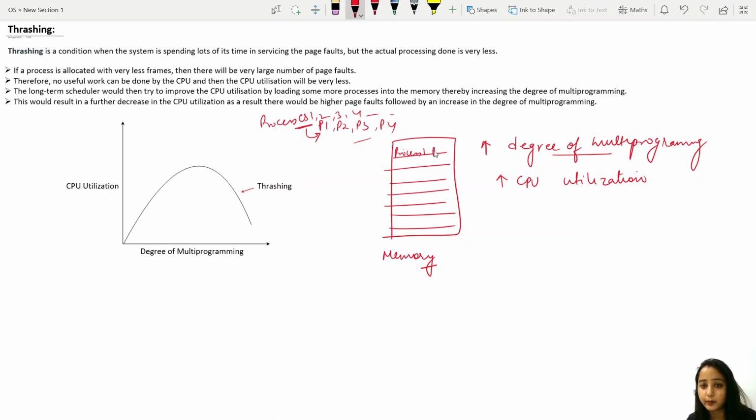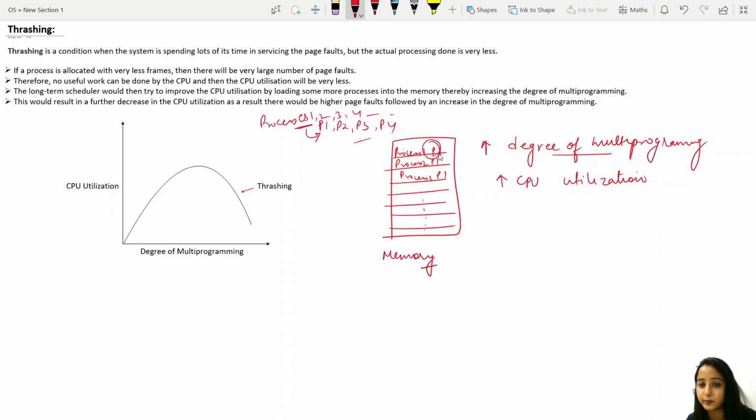Here also I am loading process 2 page 1, process 3 page 1, and so on. I'm just bringing a part of a process into the main memory. I'm not bringing the whole process into the memory.